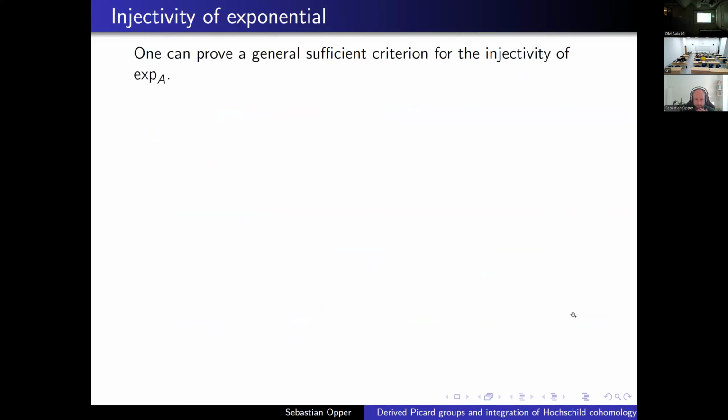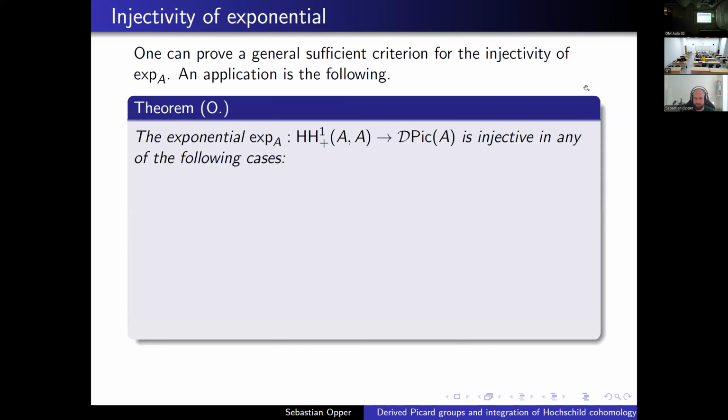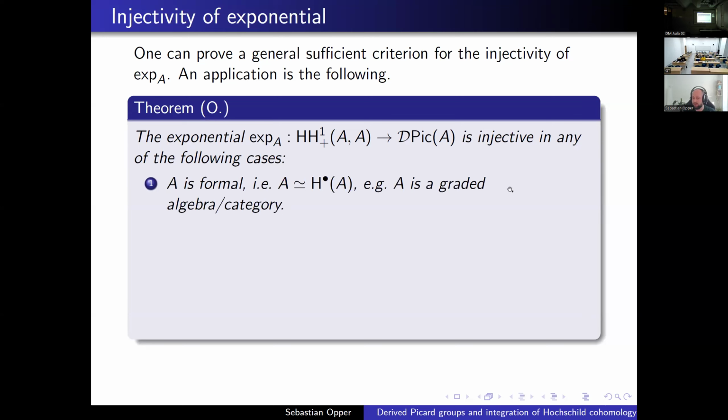Okay. So, just one thing. There's a general criterion you can prove about injectivity of this exponential. I will just give three families, which I think cover a lot of cases where this is the case. So the exponential is injective in any of the following cases. If A is formal, that means it's quasi-isomorphic to its cohomology, an example being if A is just a graded algebra or category, so there's no differential or anything.